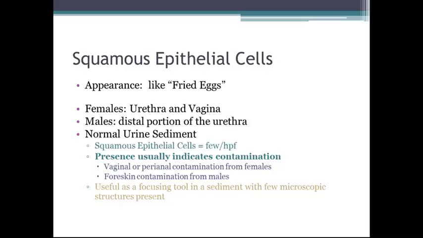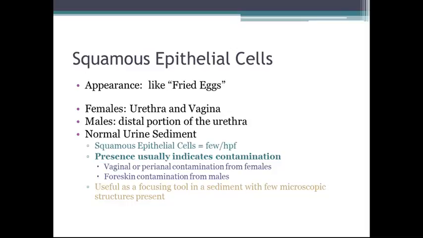Squamous epithelial cells kind of look like fried eggs, as an analogy. Females oftentimes shed squamous epithelial cells from the urethra and the vagina, males from the distal portion of the urethra. Normal urine sediment will have a few squamous epithelial cells per high power field.